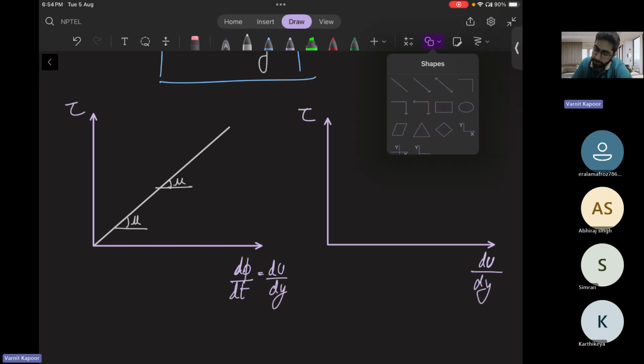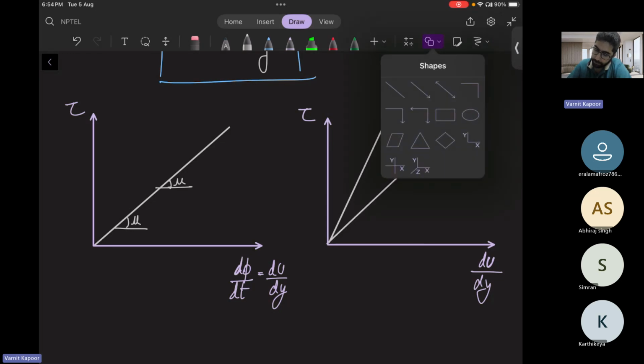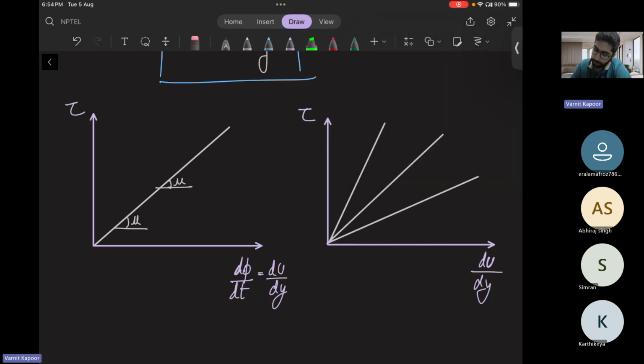It will be something like this: this is for mu1, this for mu2, and this for mu3. The slopes will be different. If mu1 is highest, that means it is a higher viscosity fluid. If the slope is high, that means a higher viscosity fluid.